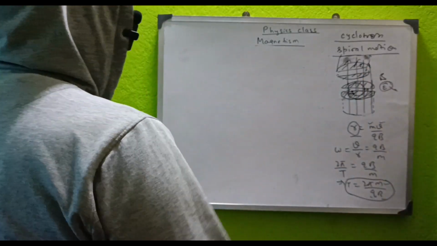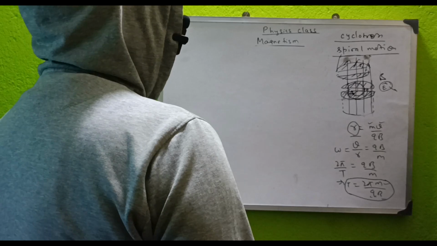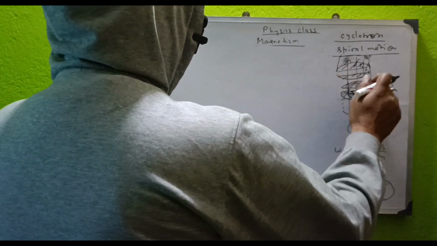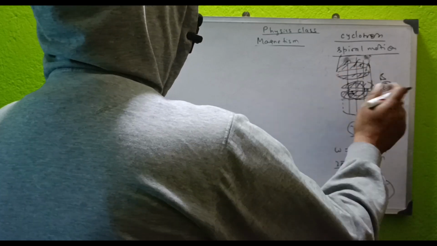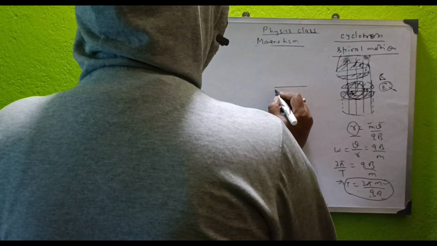So B is like this, and in the space in between the two Ds, which are kept above each other, the motion of the charged particle takes place within this region. So we have this gap.